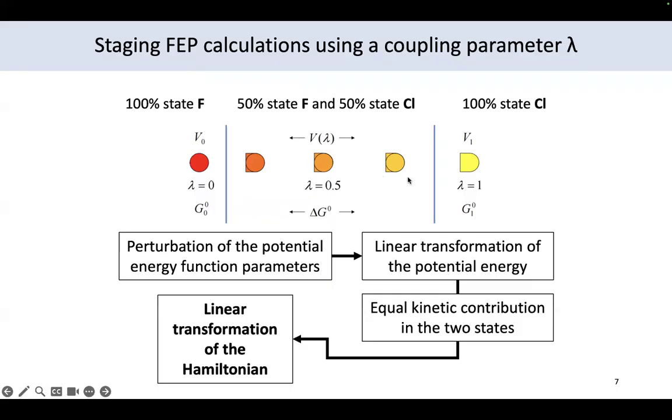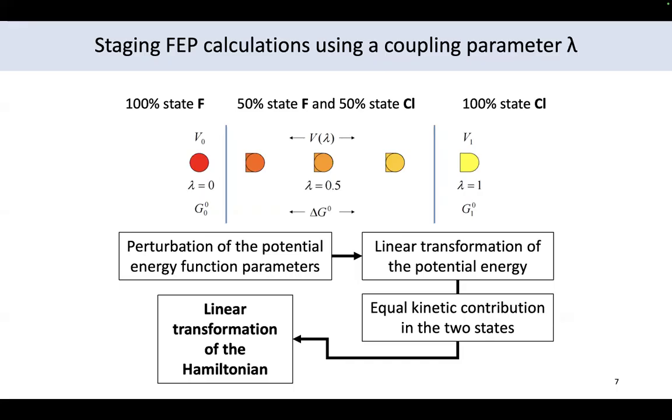And we can do this in different steps, which are called lambda windows. So this is essentially a linear transformation of the Hamiltonian that transforms the fluorine to the chlorine in very small steps. Obviously, this is not a realistic process in nature. That's why we call it alchemical free energy calculations.